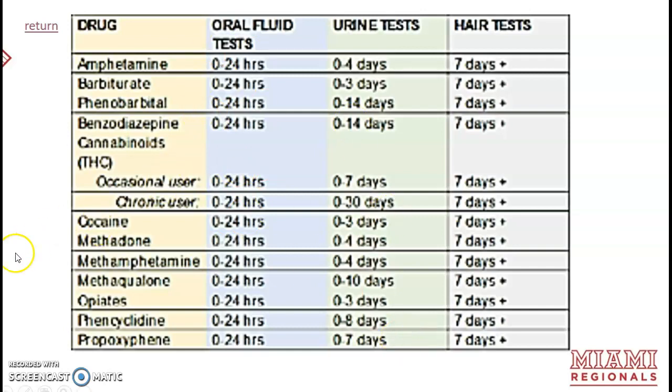And it all is based on the pharmacokinetics of the drug. So some drugs stick around in urine for quite a long time, for example, benzodiazepines. THC can be detected in urine for chronic users up to 30 days, things like that, whereas others will dissipate out of urine pretty quickly. Cocaine is only 3 days and so forth.